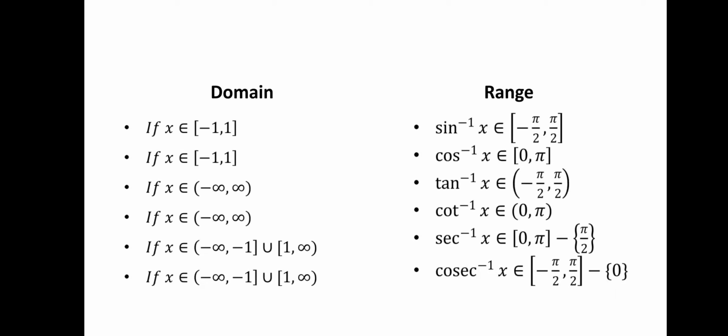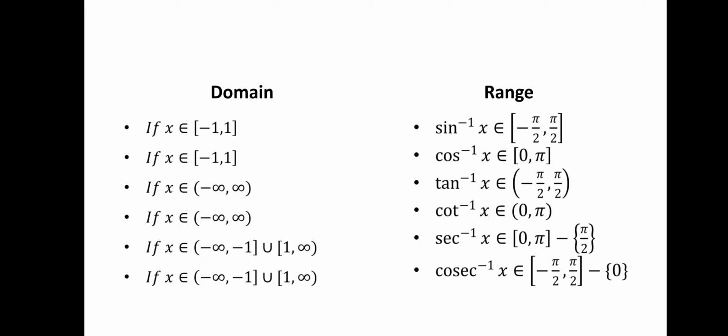Now see, we are just going through this once again. If x belongs to minus 1 to 1, that means if x is taken from the closed interval minus 1 to 1, any value between minus 1 to 1 including minus 1 and 1, then sine inverse x lies between minus pi by 2 to pi by 2.